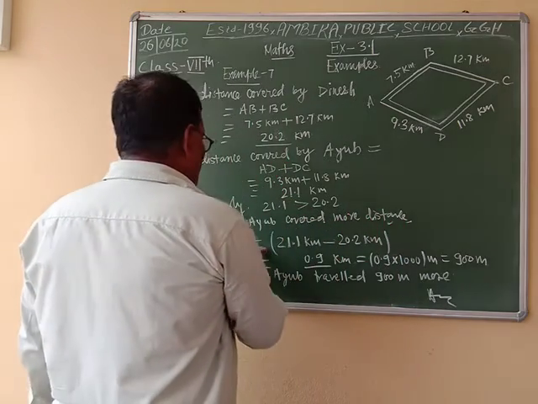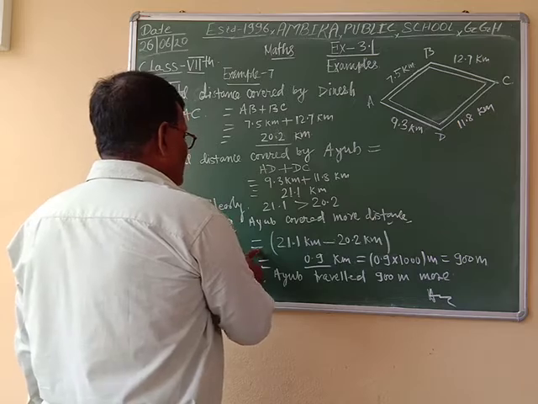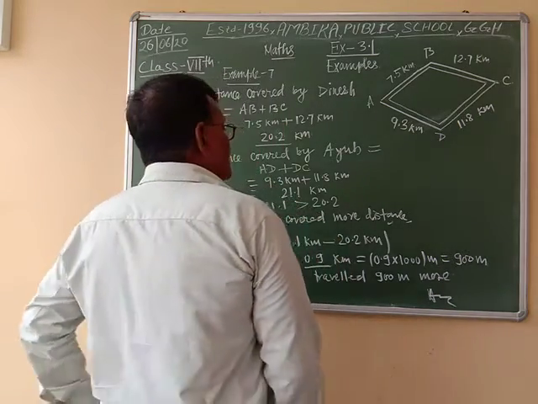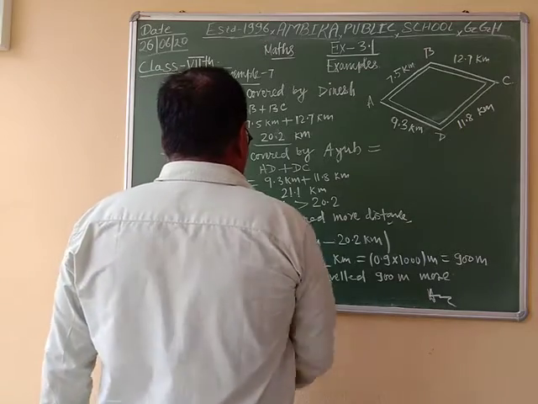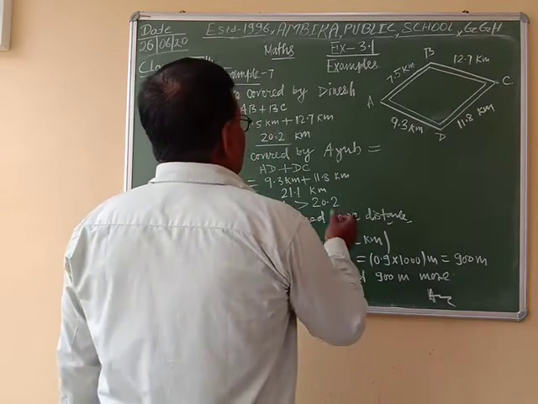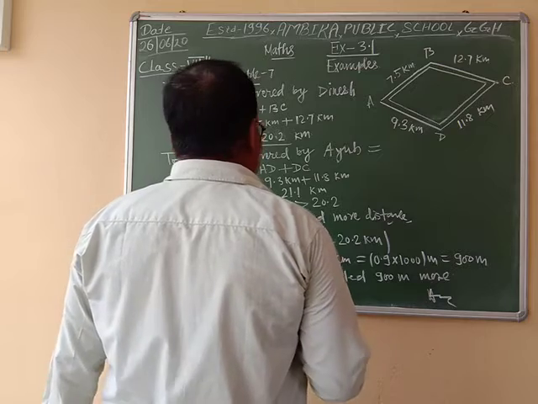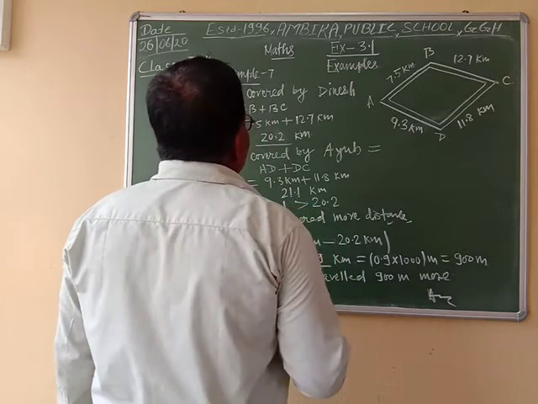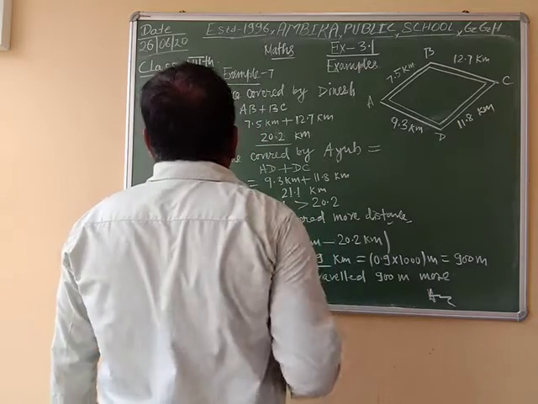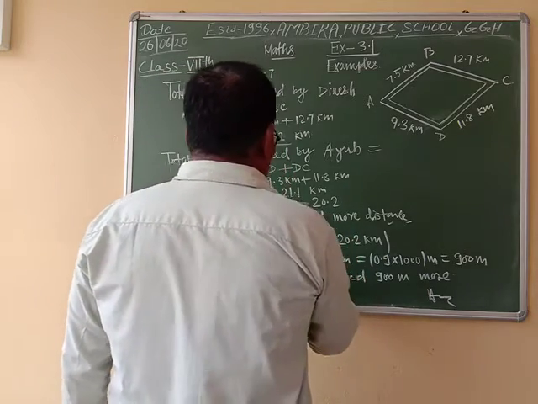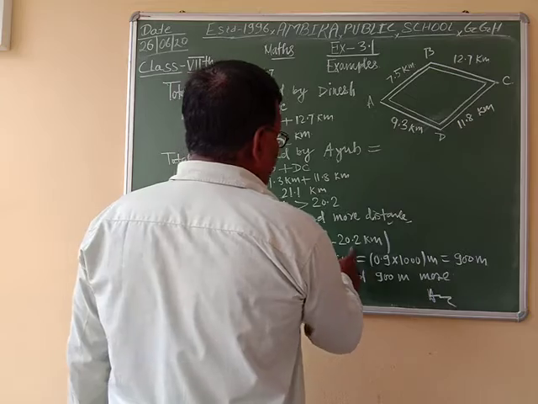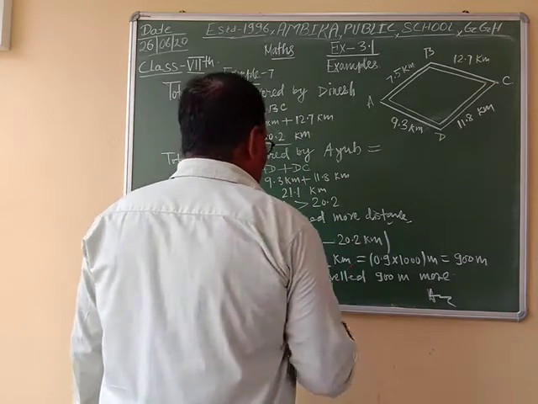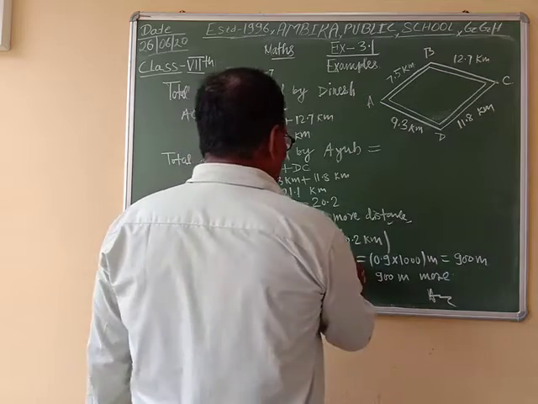Now we have to find how much more distance was covered by Ayub. So we subtract total distance covered by Dinesh from total distance covered by Ayub, is equal to 21.1 kilometer minus 20.2 kilometer, is equal to 0.9 kilometer.